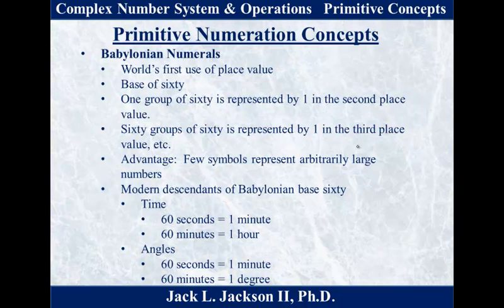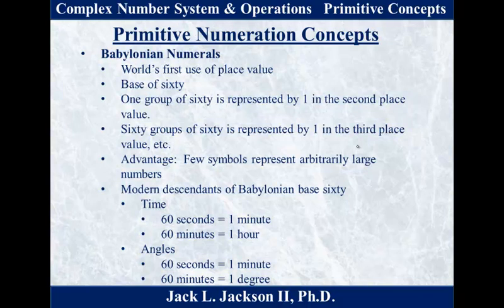So the idea is one group of 60 is represented by 1 in the second place value. And 60 of the second place value was represented as 1 in the third place value. And 60 of those were 1 in the next value, and so forth. And so the advantage this gives us is that a few symbols could represent arbitrarily large numbers.